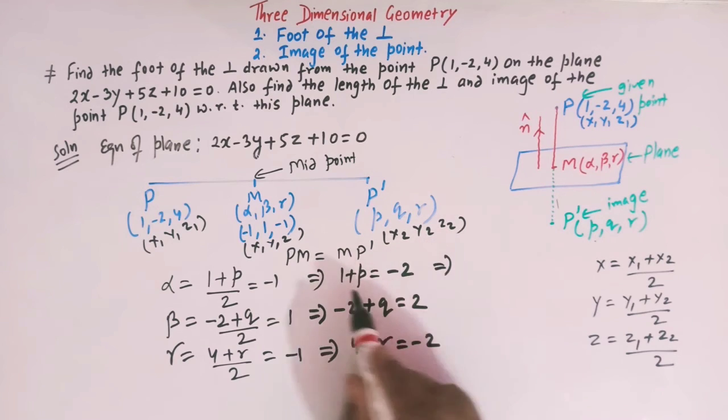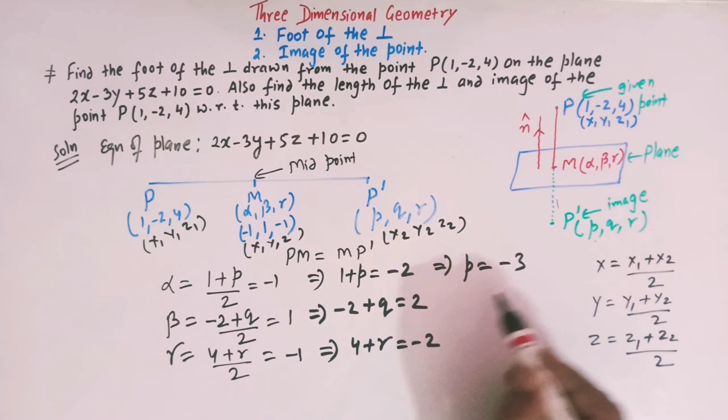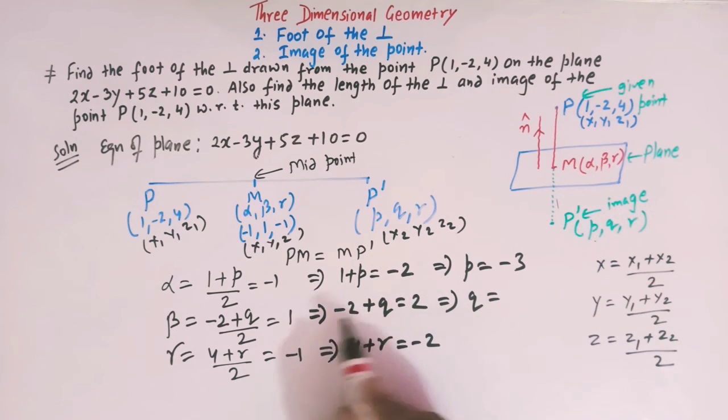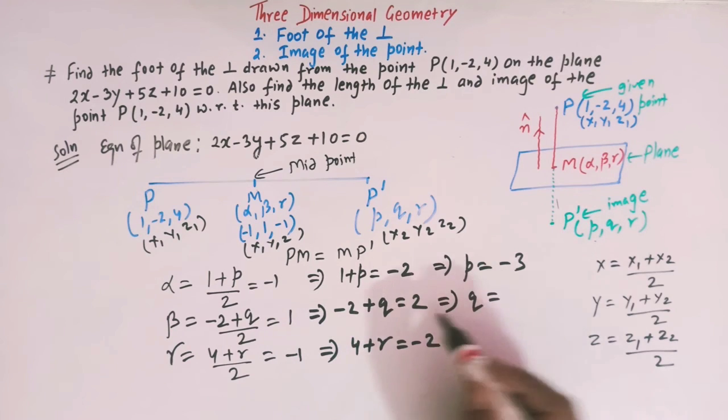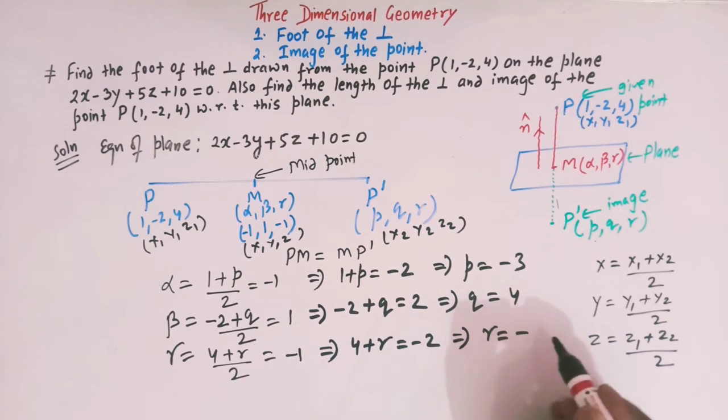And now if we solve, P is minus 2 minus 1, that is minus 3, Q is 4, because when we take minus 2 to this side, 2 plus 2 is 4, and here R is minus 2 minus 4, that is minus 6, right?